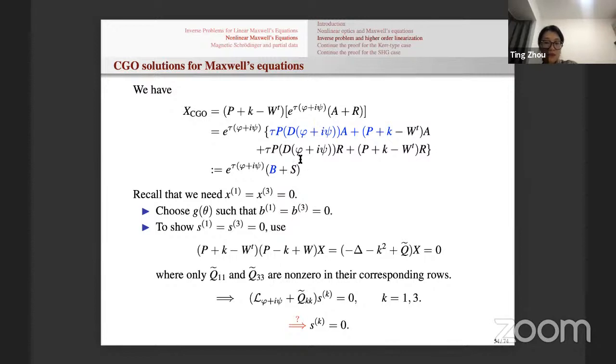And the remaining scalar potentials in the first and third components will be 0 by showing a uniqueness, proving kind of the conjugate equation, which we can show in the construction for the Schrodinger equation. So that uniqueness is not always true when you are using the Carleman estimate approach.